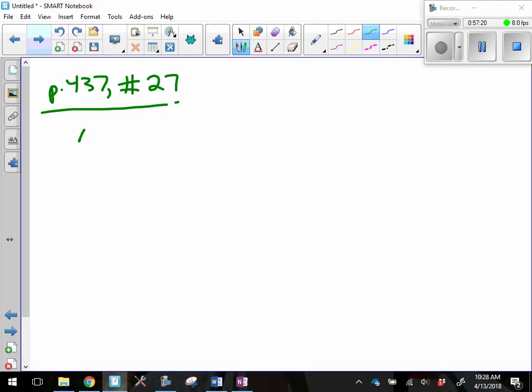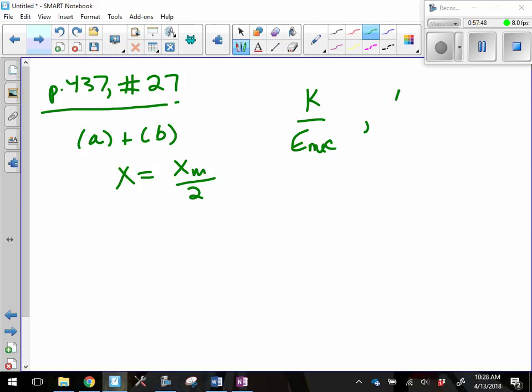Okay, so let's take A and B here first. So we're looking at the situation where x is equal to xm over 2. And then we want to know what K over Emec is and U over Emec is, right?